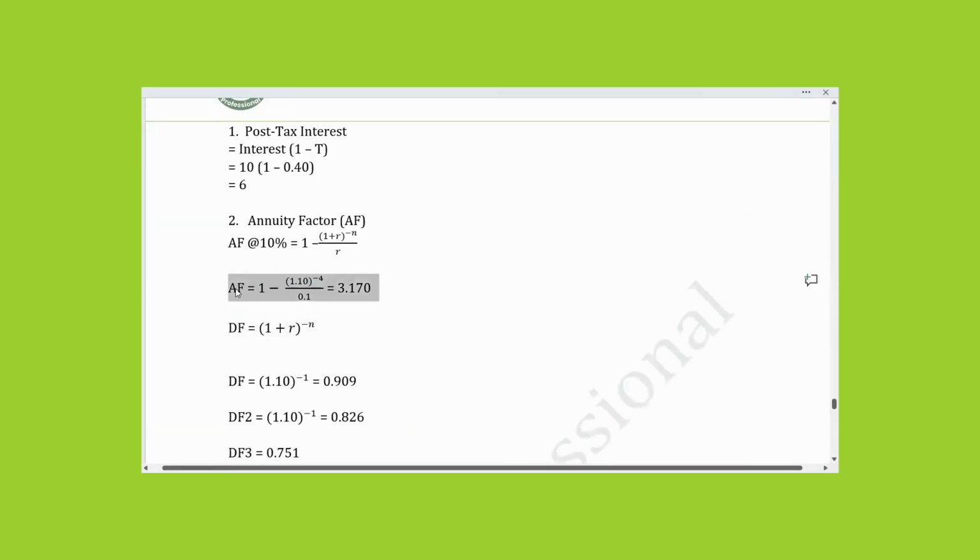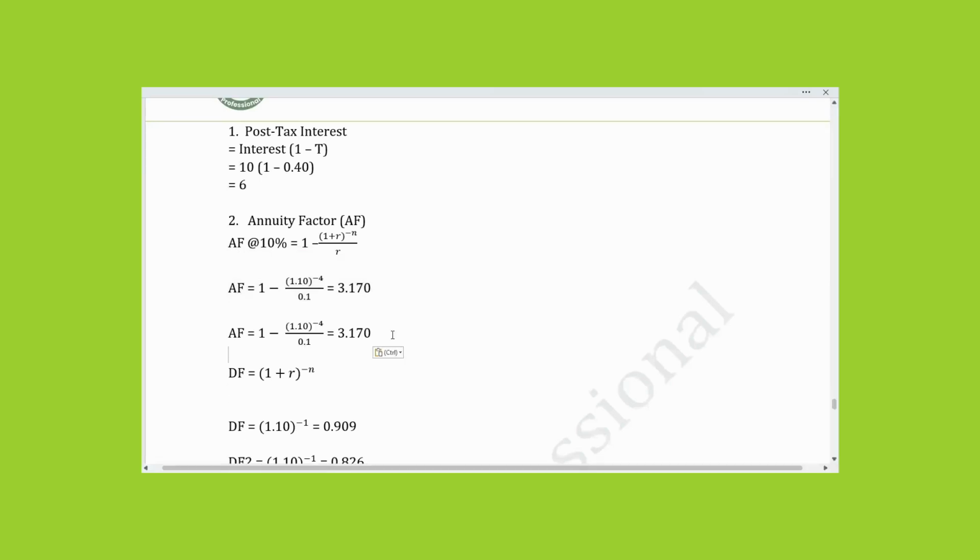Let me just copy this. So we are using 15%. This one is for 10%. Here we are using 15%. Now, our R is 15%, which is 1.15. Emeka, hope you are listening.